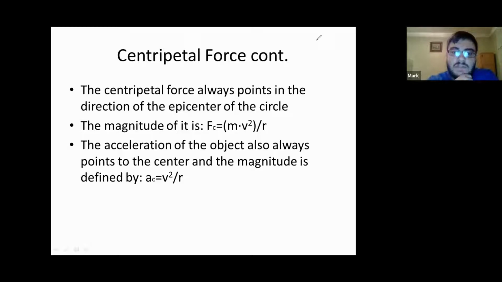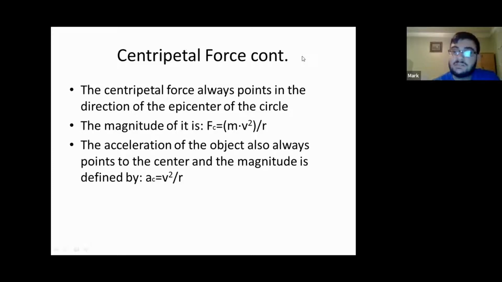The acceleration of an object also always points to the center, and it's defined by this formula: centripetal acceleration is equal to v squared over r. You can derive this from the classic formula, F equals ma. If the centripetal acceleration is v squared over r, to get centripetal force you just multiply by m, and voila, we have mv squared over r. Very easy.